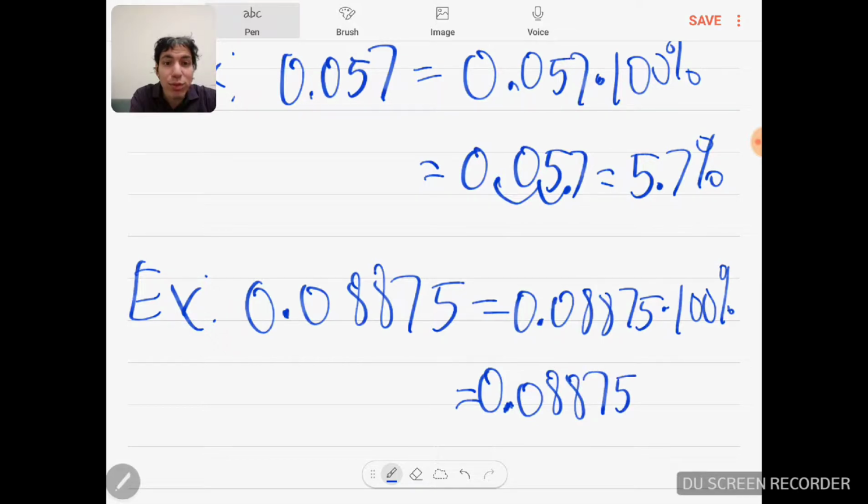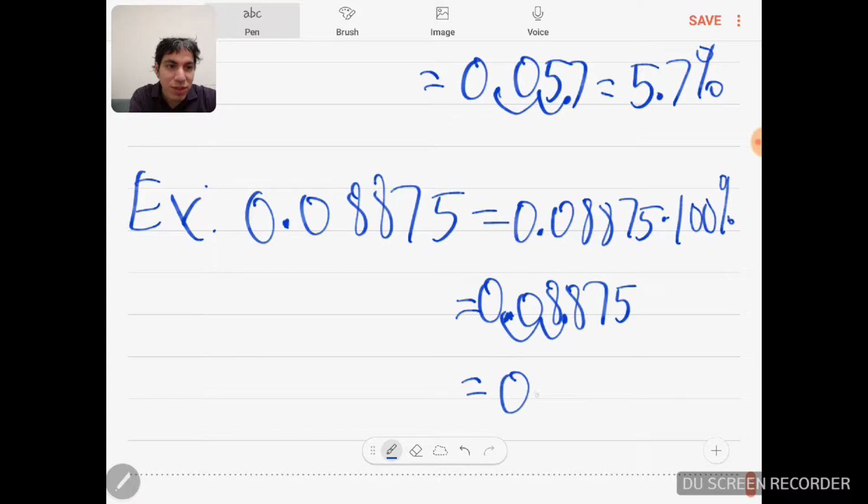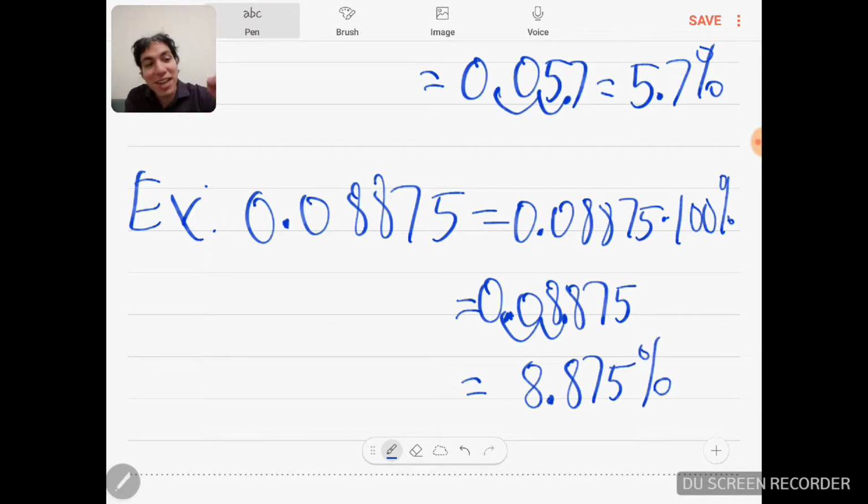You move the decimal point over how many times? 2 times, 1, 2, and I'm left with 8.875% as my answer. Fun fact, that number there is the New York State sales tax rate.